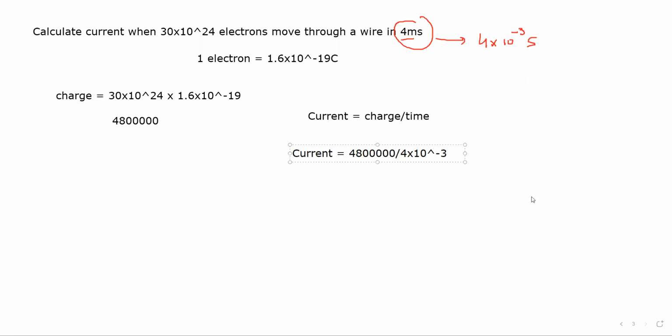So when you divide, it is 1.2 exponent 9 ampere. So the final answer is 1.2 into 10 power 9 amperes.